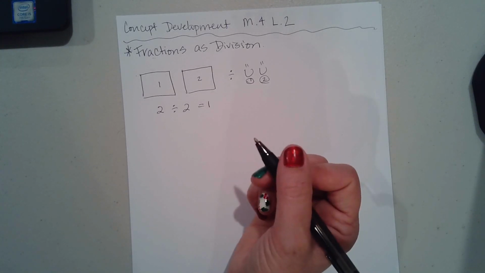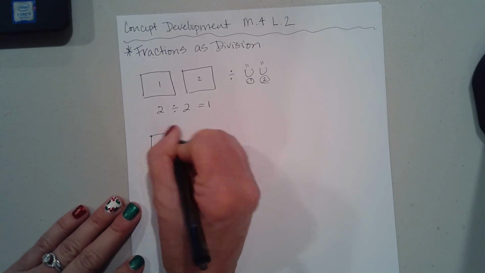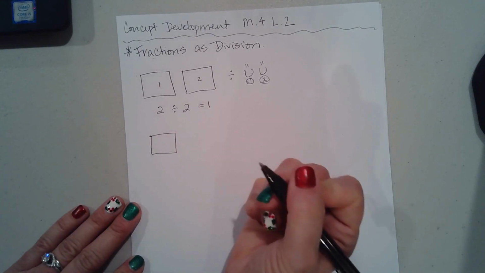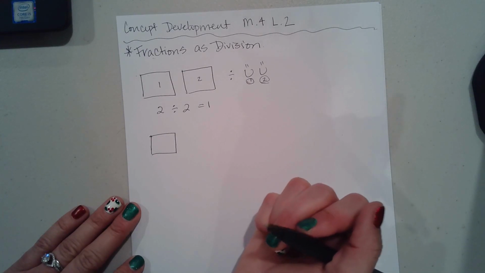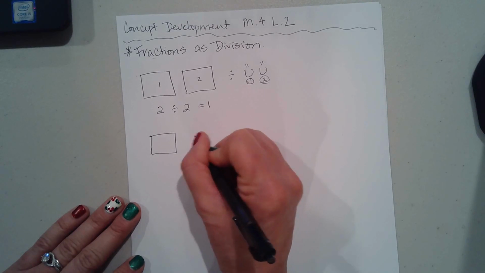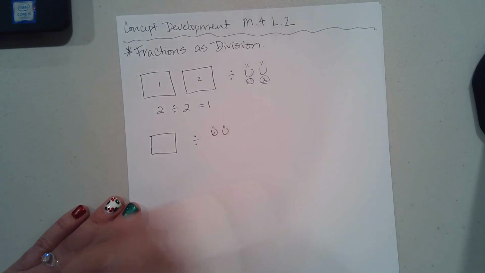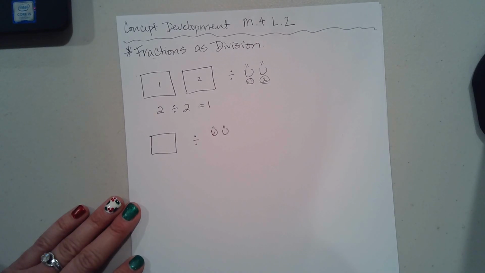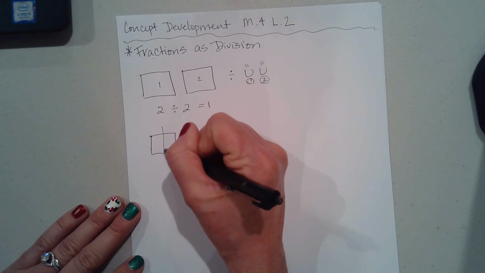Now, let's imagine we only have 1 cracker to share between 2 people. What are you going to do? I have 1 cracker and I have to divide it by 2 people. Well, you're right. We just cut the cracker in half.